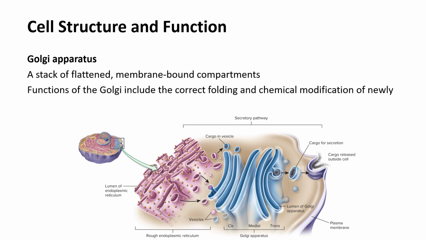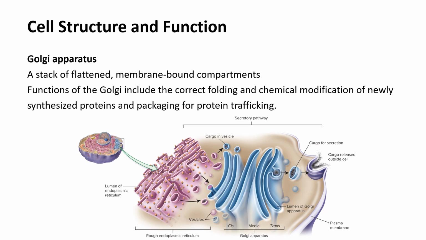It has some important functions, such as the correct folding and chemical modification of newly synthesized proteins, and also the packaging of proteins for protein trafficking. So you'll notice in the diagram below that the Golgi apparatus is making these little vesicles that can attach to the plasma membrane and release the contents outside.